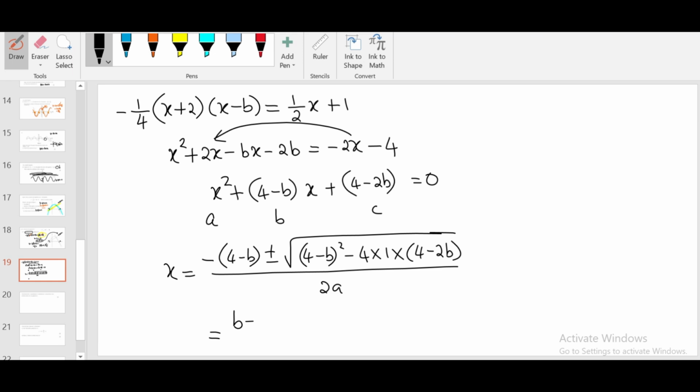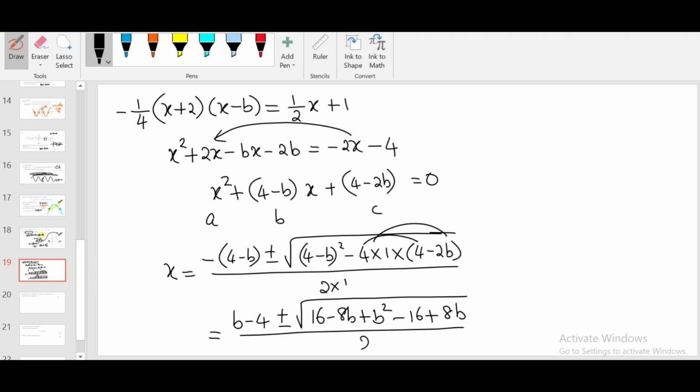This becomes minus (4 minus b) plus or minus square root of... it's not 2a, the denominator should be 2 times 1, just 2. (4 minus b) whole squared, expand it: 16 minus 8b plus b squared. Take 4 and multiply both, you will get minus 16 plus 8b, divided by 2.